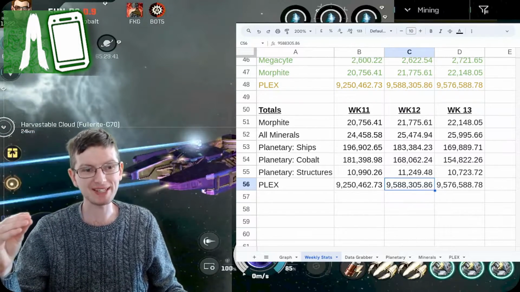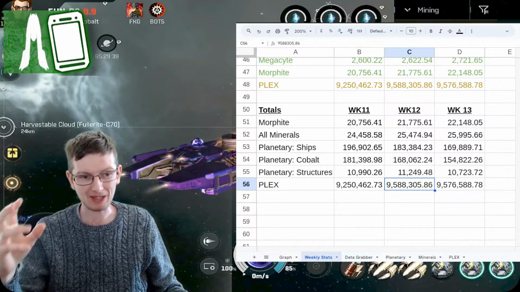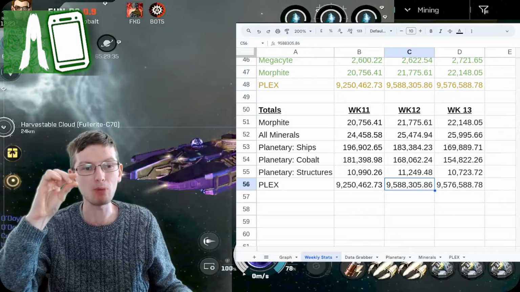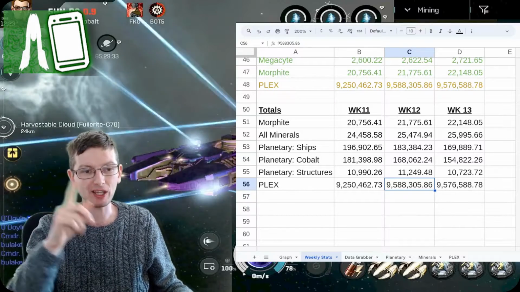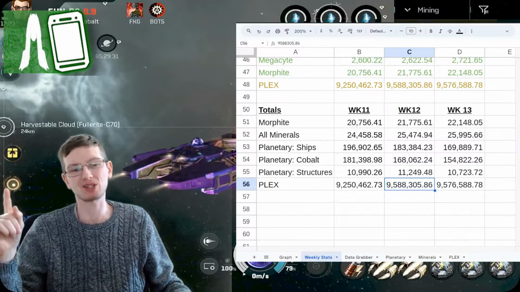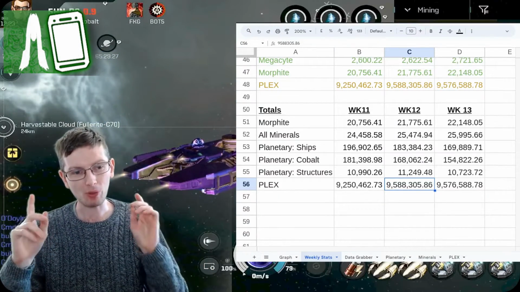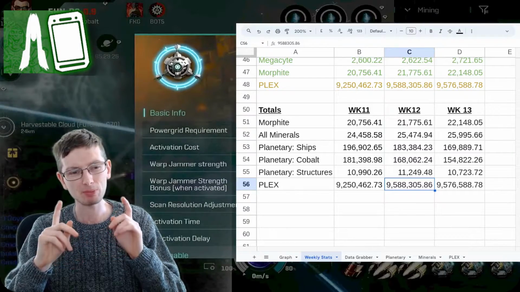Otherwise, you're just going to end up with people buying PLEX off the market and then reselling it again for a tiny little bit more just to get that ticker for 'I sold this much PLEX on the market.' You'd have to have some kind of control over it. But that would be an interesting idea.